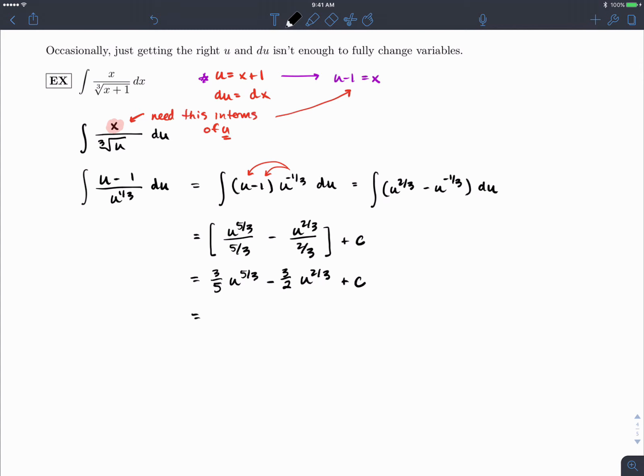And now lastly, before we walk away, we just do our back substitution, and we get 3/5 times x plus 1, because that was our original u up here, to the power of 5/3 minus 3/2 times x plus 1 to the power of 2/3 plus c. And it's not pretty, but it's ours.